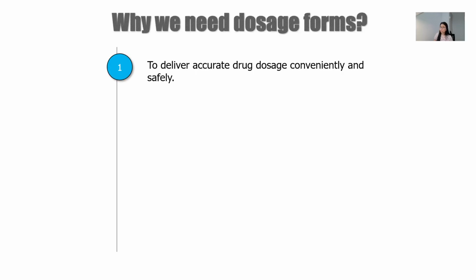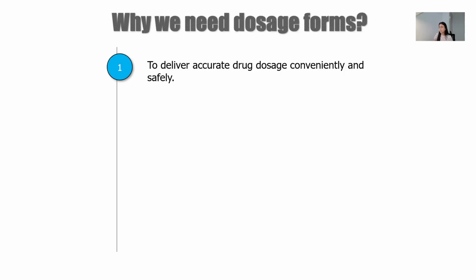Why do we need dosage forms? We need dosage forms basically to help us deliver an accurate drug dosage very conveniently and safely to the patient. We don't want to ask the patients, after you go home, you have to weigh 50 mg of powder, then dilute it in 200 ml of water, then drink. That would be super not convenient for the patients, and if you ask patients to do so, most likely the majority of them won't take the medications.